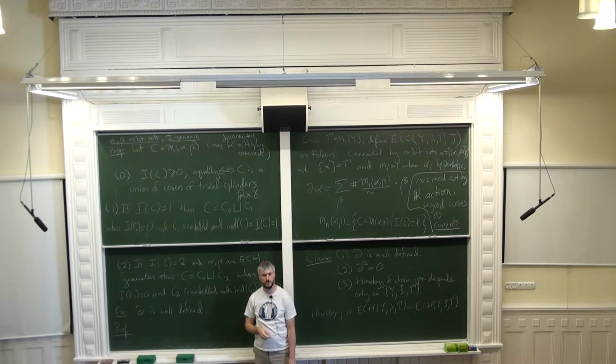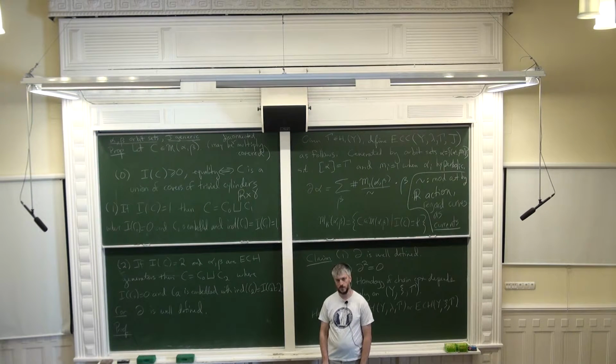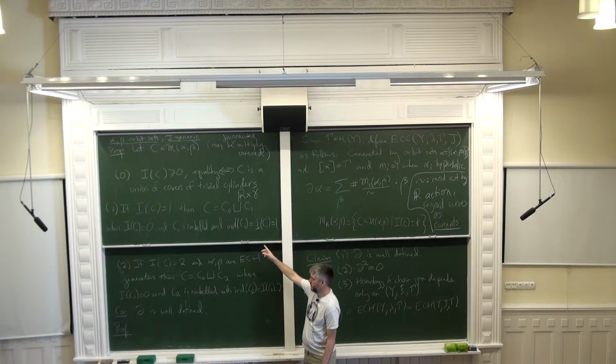Was there a question? In part 1, the non-trivial part will have to be connected, otherwise the index is bigger than 1. Although in part 2, it's not true. C2 can be the union of two index 1 things.